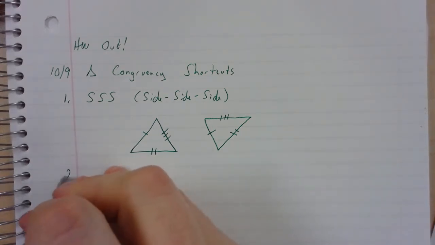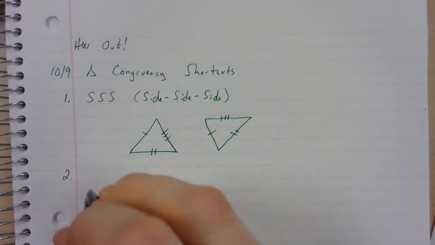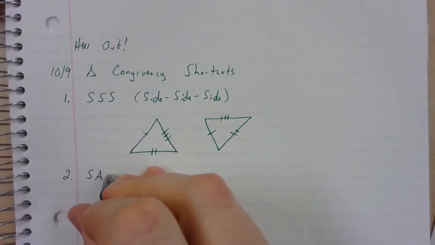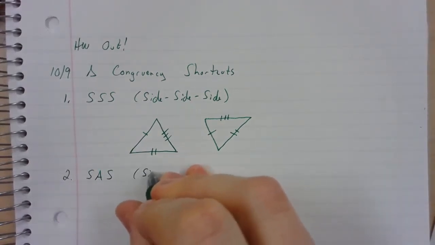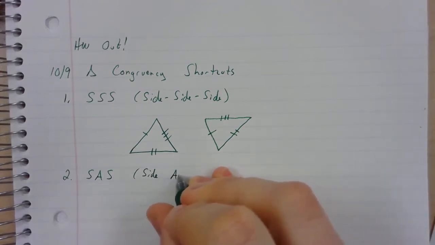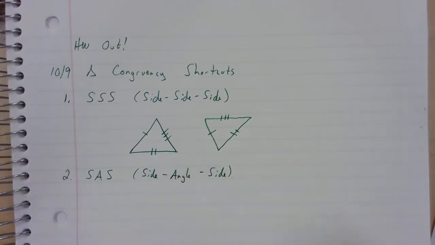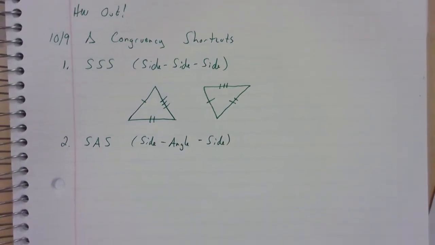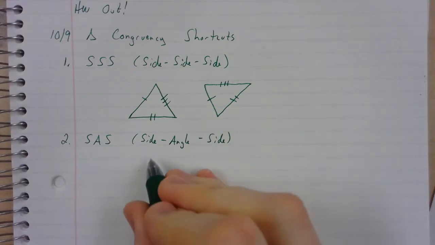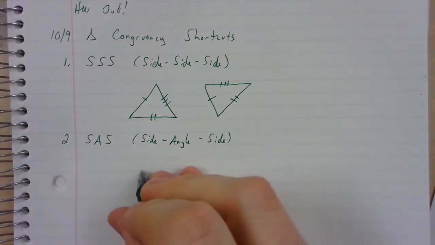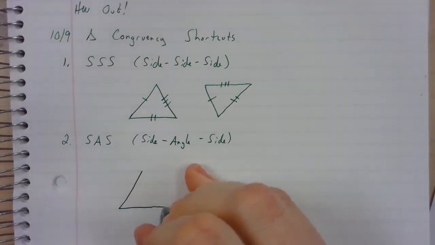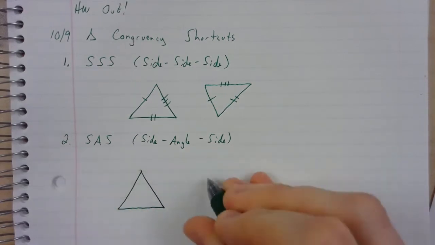The second shortcut we're going to take a look at. Side angle side. All right. Now this one you got to be careful about. Side angle side. Again, just 2 triangles.